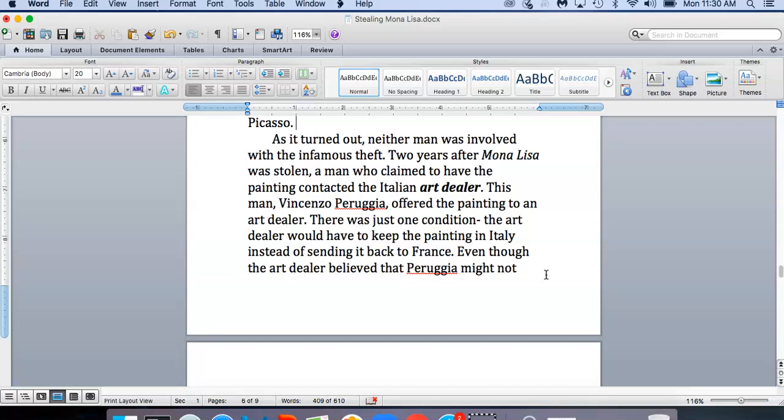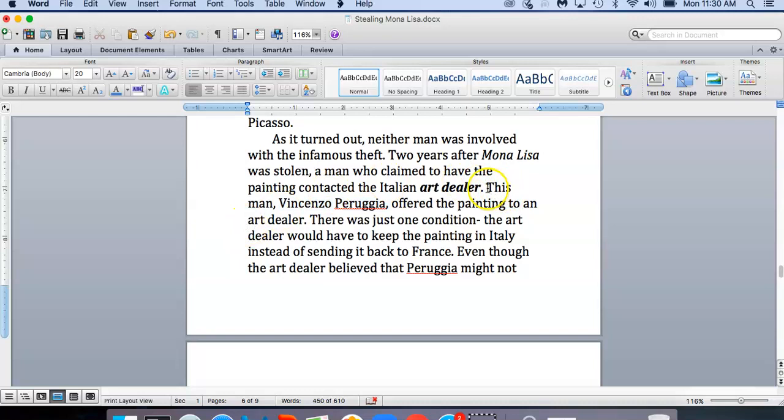So if you said, who is the real thief of the Mona Lisa painting? You are correct. So the real thief's name is Vincenzo Perugia. How do people know that he was the one who actually stole it?